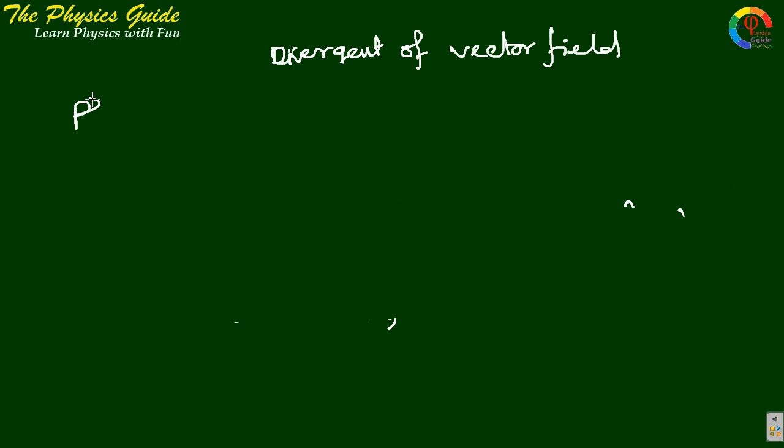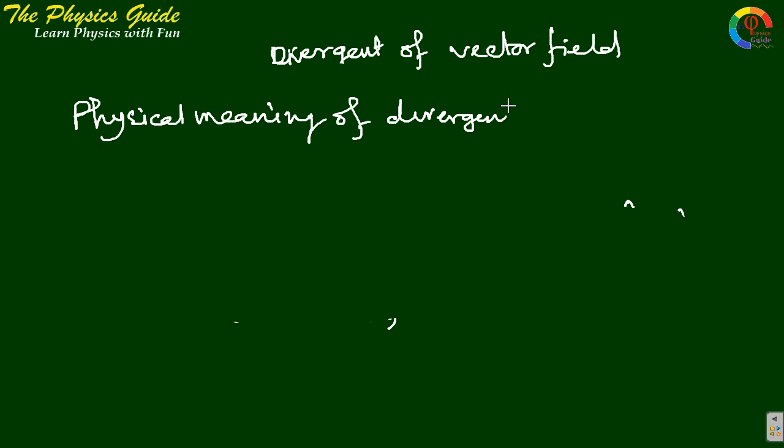We know divergence means the spreading out or net outflow or flux of that field per unit volume.